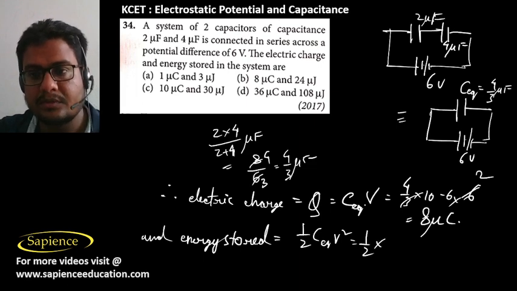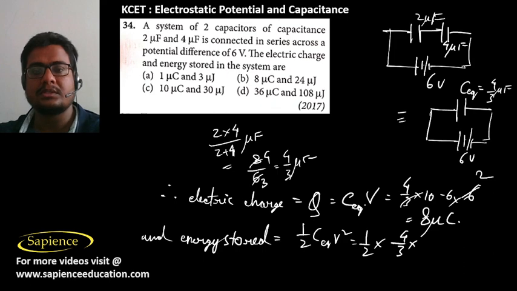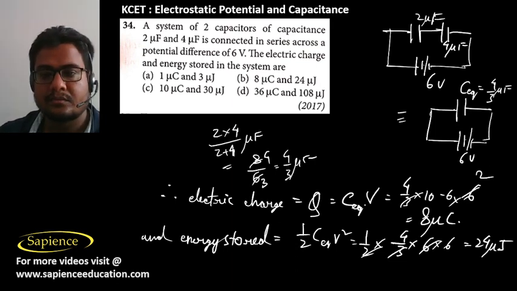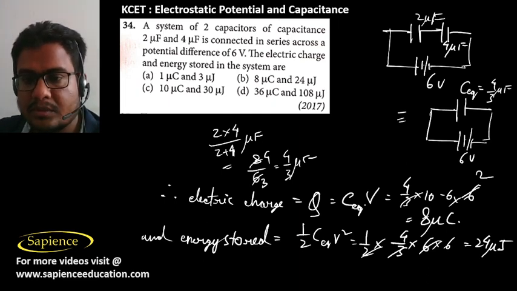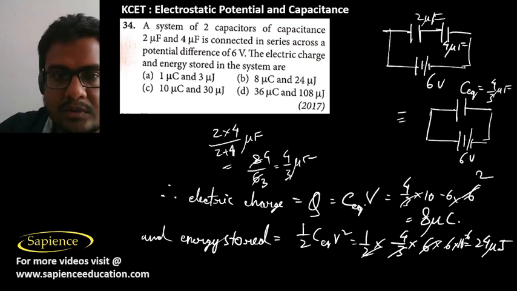So that will be half into C equivalent, which is 4 by 3, into V square, that is 6 square. So 6 into 6, 2 3s are 6, 4 6s are 24 microjoule. 4 by 3 microfarad, so it will be 4 by 3 into 10 power minus 6 also. So it is 24 microjoules.